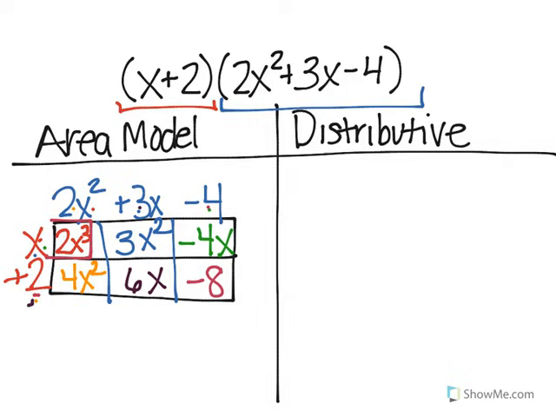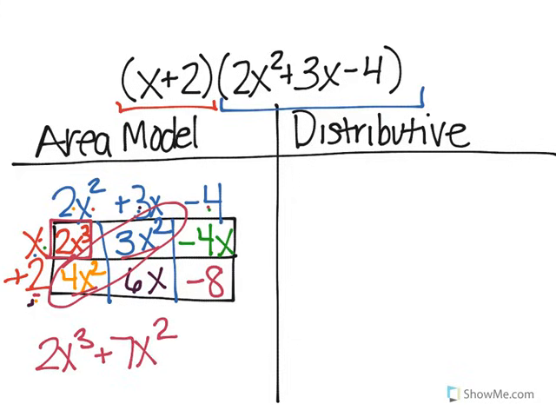My highest degree is 2x to the third. Now I'll combine my like terms on the diagonal. 4x squared plus 3x squared is 7x squared. 6x minus 4x is 2x, and I have that constant of negative 8.